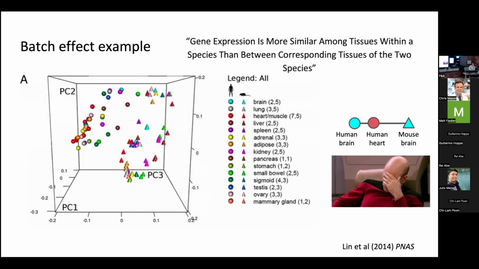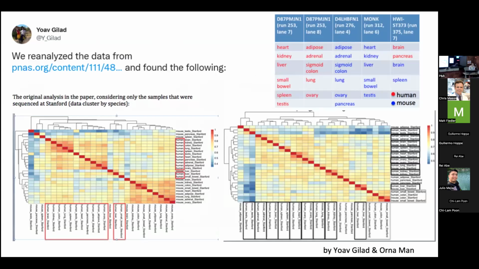Of course, sometime later, people discovered this and actually did a batch correction. You cannot see this well because it's very small, but if you just introduce the labels for the site that the tissues were sequenced in, you see that the distribution of sample similarities changes greatly.